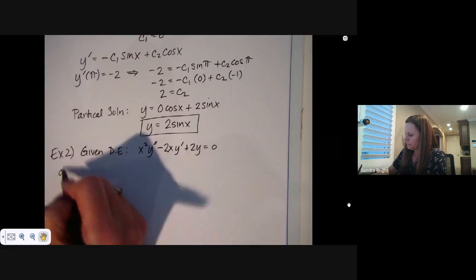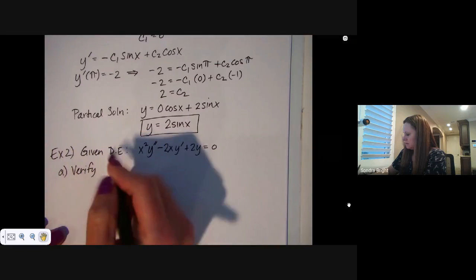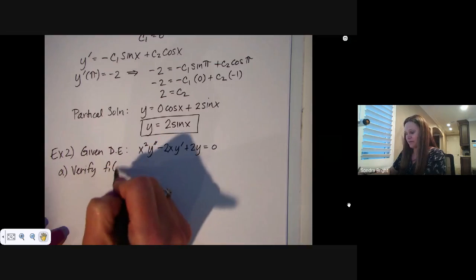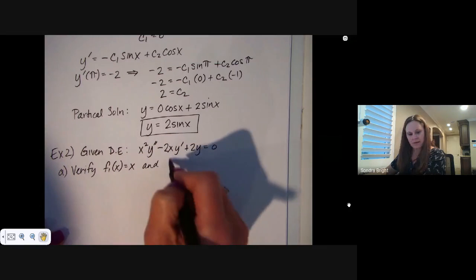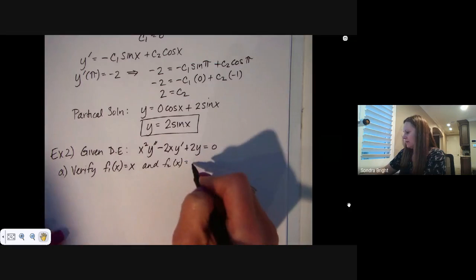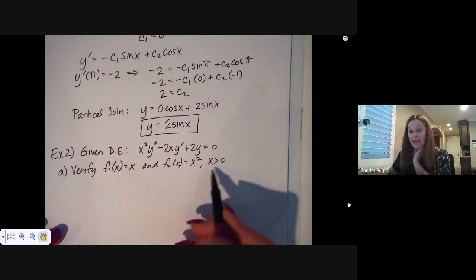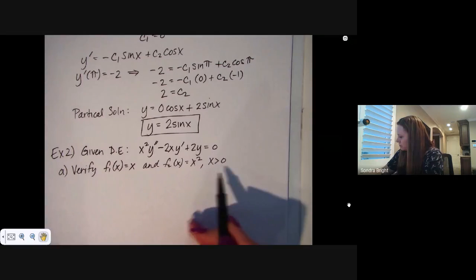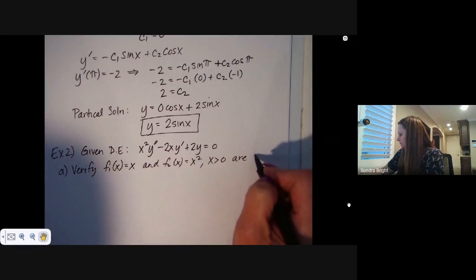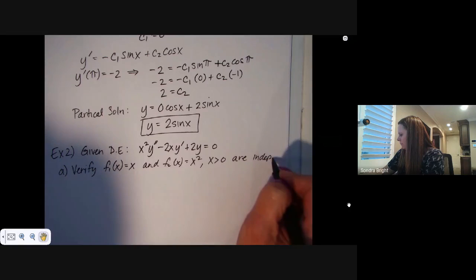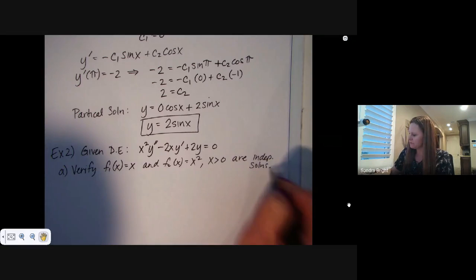We want to verify that y equals x, so f1 of x equals x, and f2 of x equals x squared. And we give this, for when x is greater than 0. We're going to verify that these are independent solutions to this differential equation.